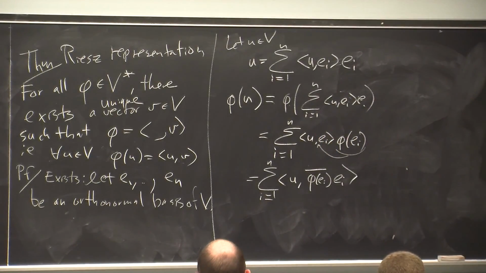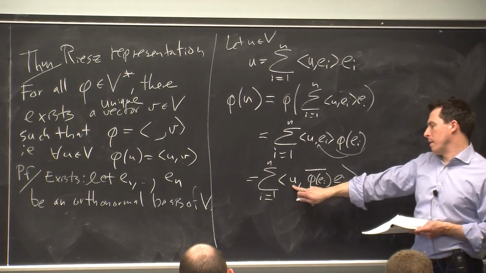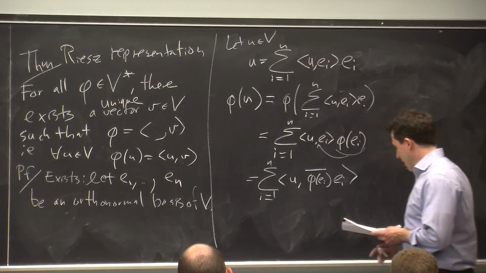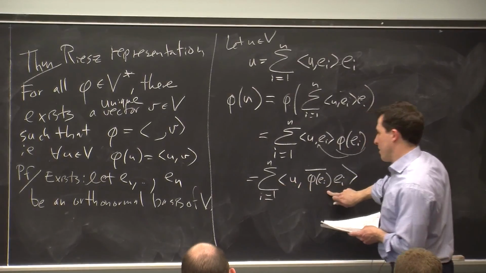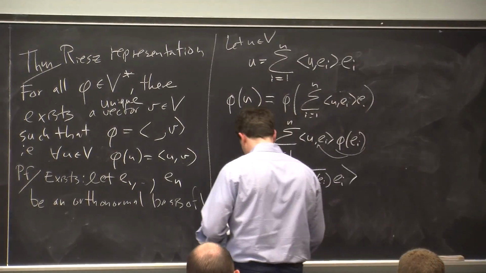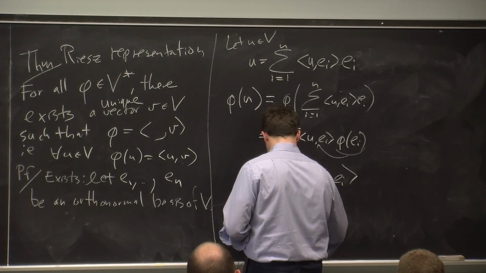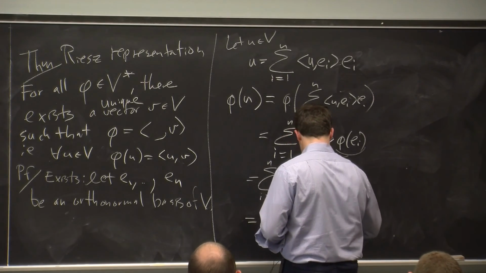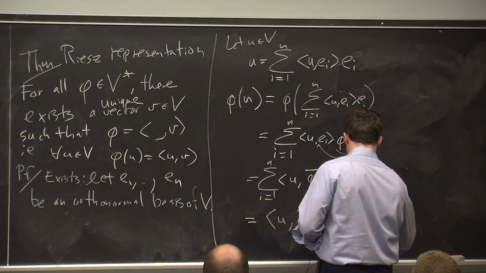And now I'd like to consolidate the sum. Well, we know that the inner product is linear in the first coordinate and conjugate linear in the second coordinate. So I can pull this u out and apply the sum to the second part. So this is equal to the inner product of u with the sum from i equals 1 up to n of phi of e_i bar times e_i.